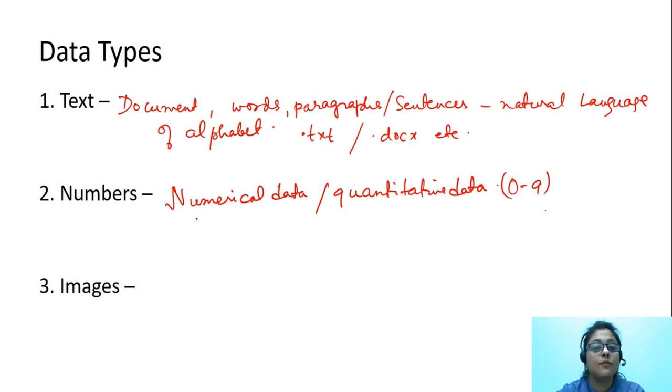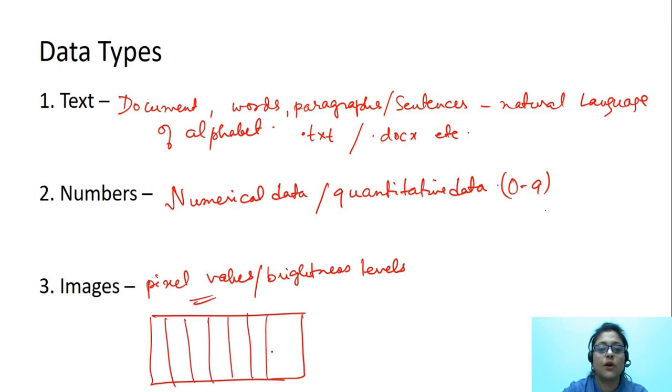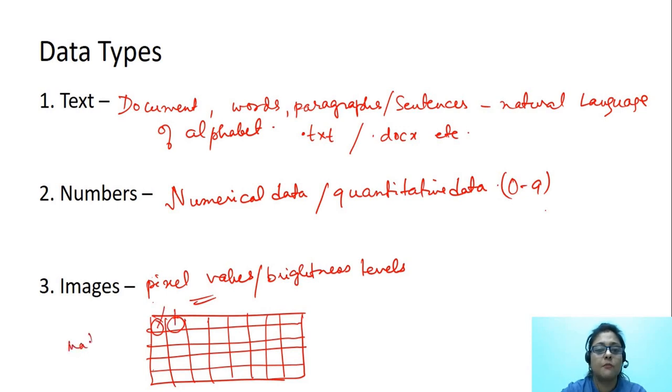After that, we have image type of data. And image type of data is represented by pixel values. Now, these pixel values are brightness levels of a picture. A picture can be divided into several blocks of smaller cells, and these cells have a definite pixel values, and these are stored in the form of a matrix.